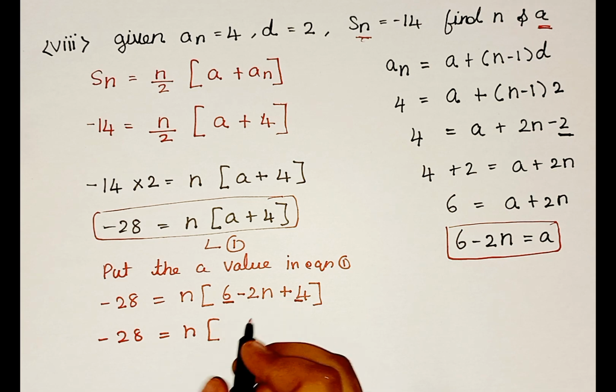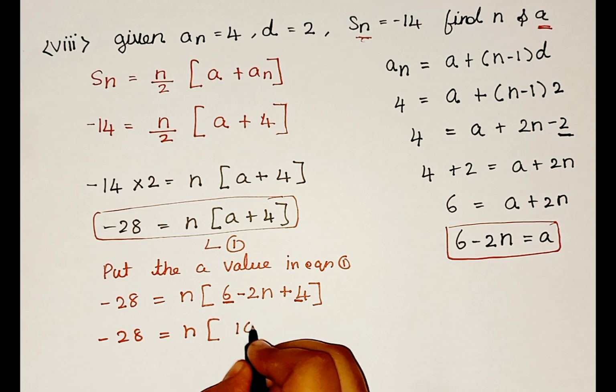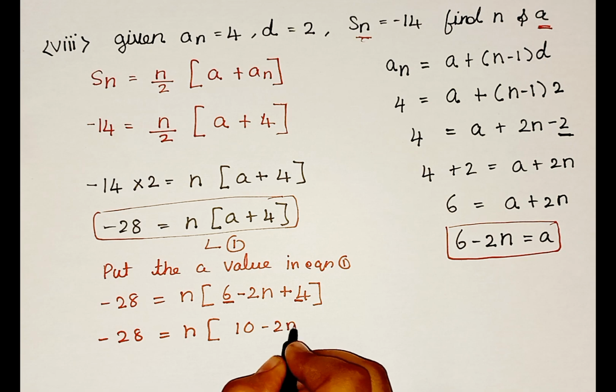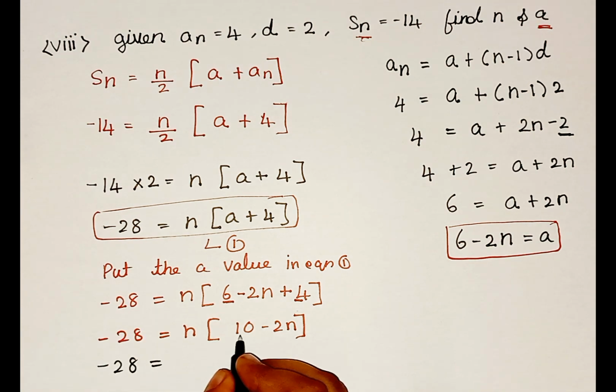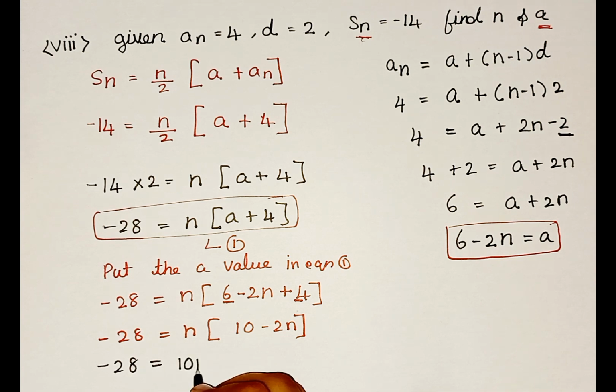So 6 plus 4 is 10 and then minus 2n, close the bracket. Alright, so now we can write minus 28 is equal to 10 into n is 10n, and n into minus 2n is minus 2n square.